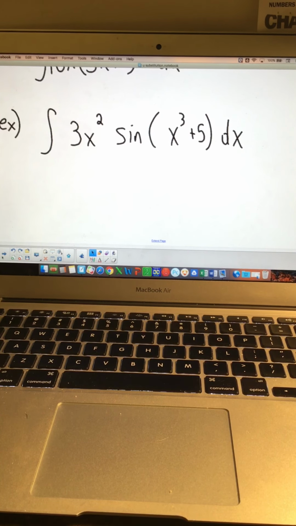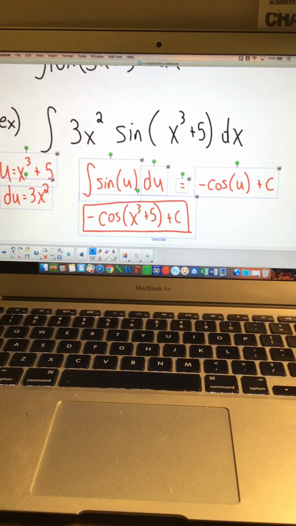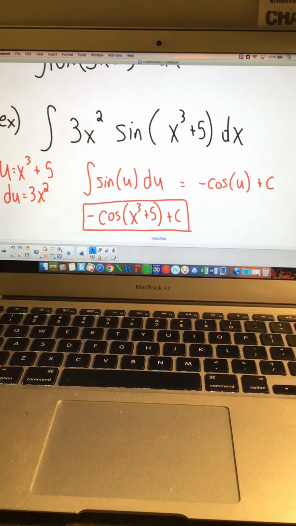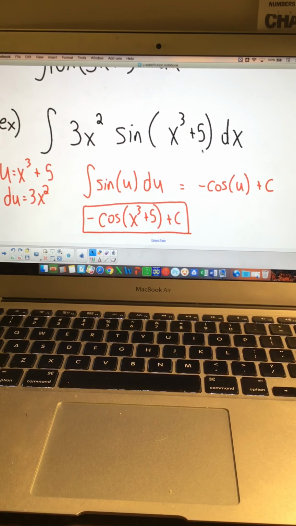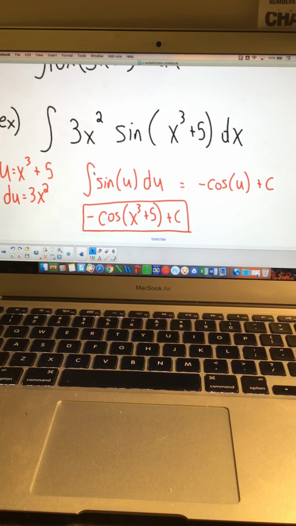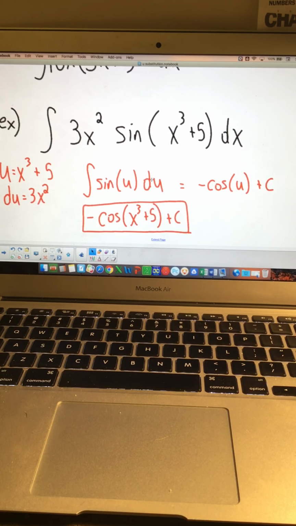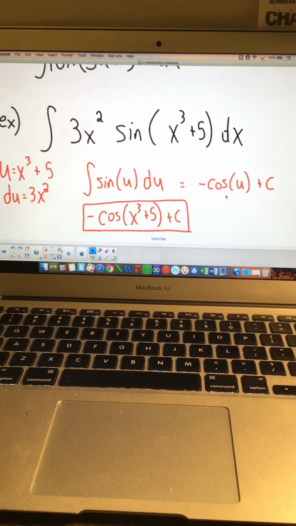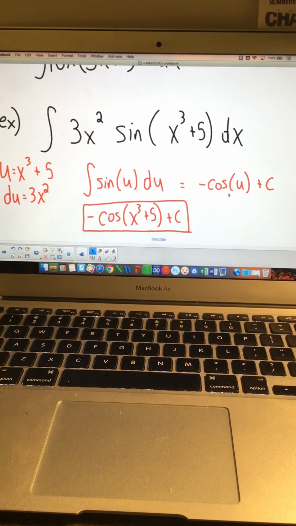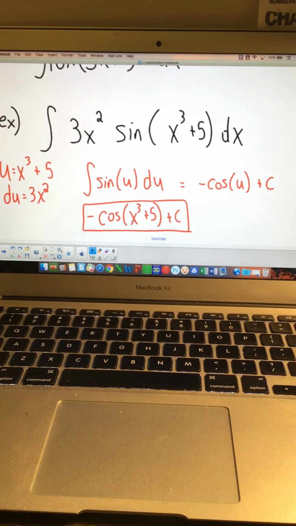It's already there. So we can replace u and du with sine of u du. Sine integrates to negative cosine. And then we got to replace u at the end. All right?